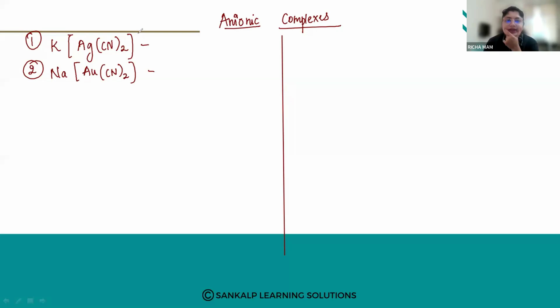You can see that for balancing the charge, they have added a cation here. If you remove this cation, the charge will be -1. Here it will again be -1. So instead of writing the charge on the complex, if there is a cation present outside the sphere, then it is termed an anionic complex. Start answering now. What is the first complex?